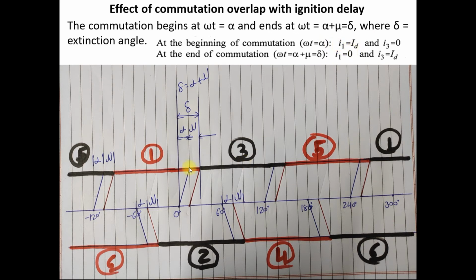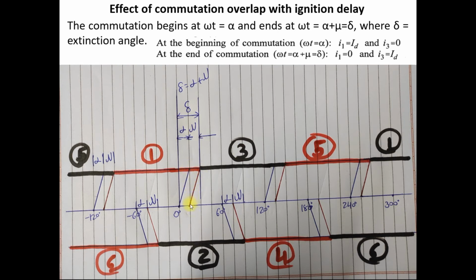At this point valve 3 is completely off. Clear? At the end of alpha, only valve 1 is conducting, so the current flowing into valve 1 is equal to the total direct current. At that time I3 is 0, because after this alpha the current flowing through valve number 3 starts.